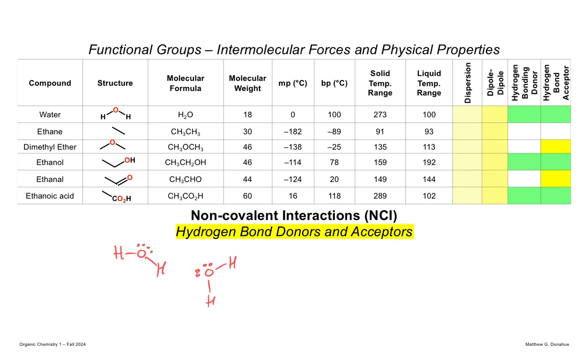So for these purposes, I'm going to show the attraction as a dashed line. So that lone pair is attracted to that H. That's called a hydrogen bond.